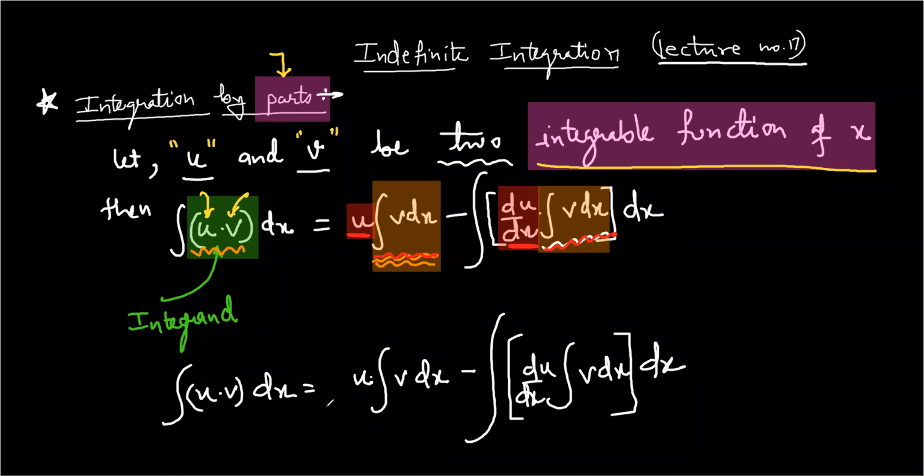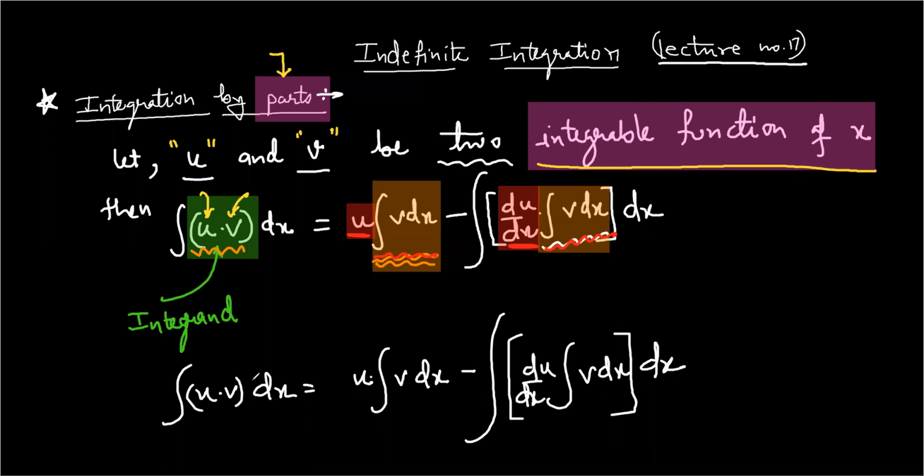So I hope you all must have followed the formula which I wrote here. Now one thing you should all follow here, students, is that when I'm writing product of u into v, I call this u the first factor and v the second factor.